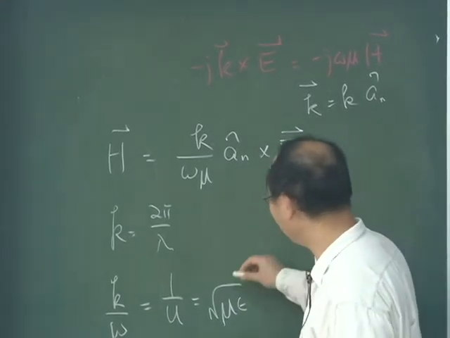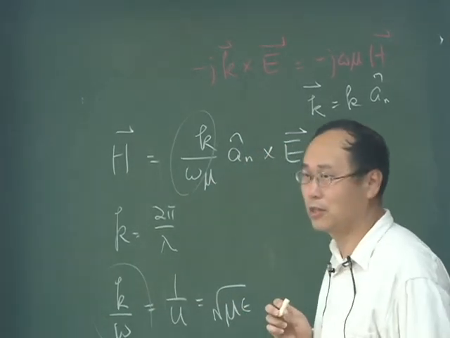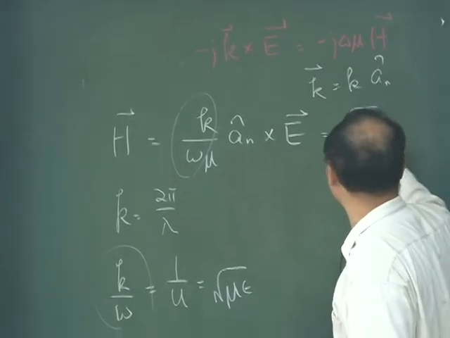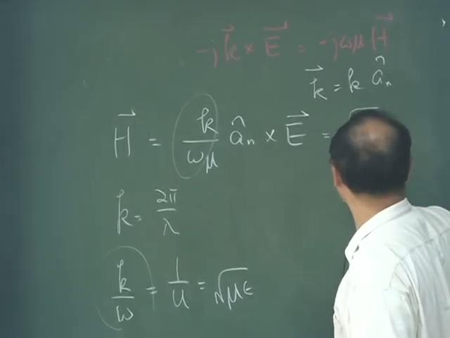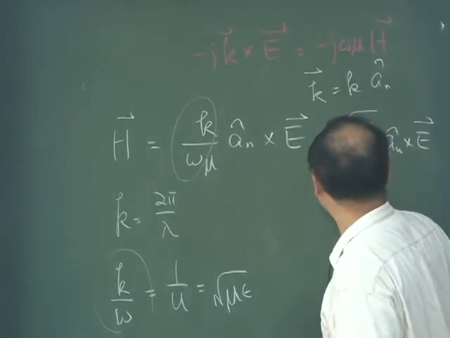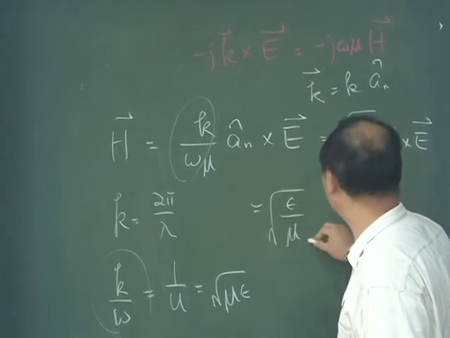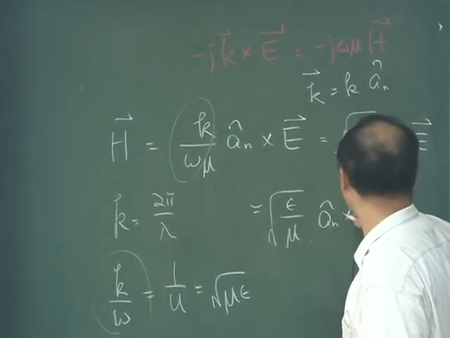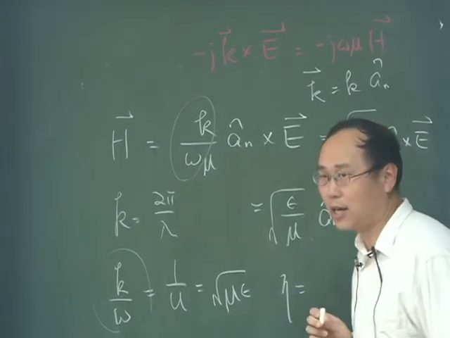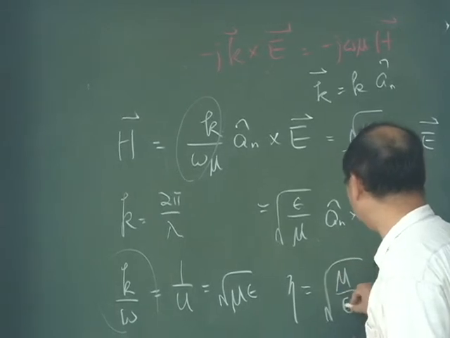So you put this k over omega into this expression, you have square root mu epsilon divided by mu, an cross with E. This is going to give you epsilon over mu, an cross with E, and you define this eta is equal to square root mu over epsilon.